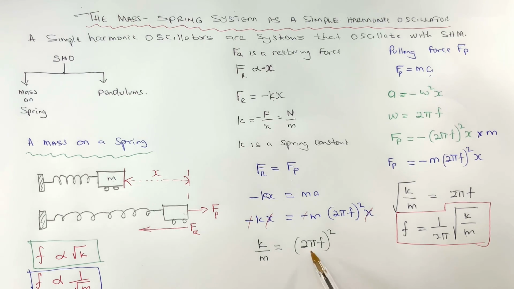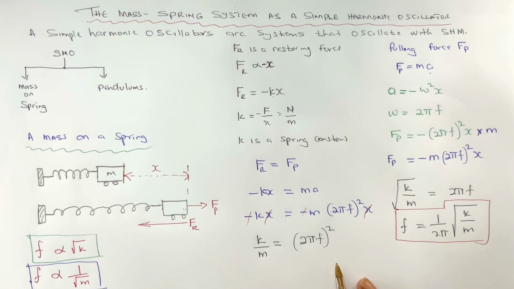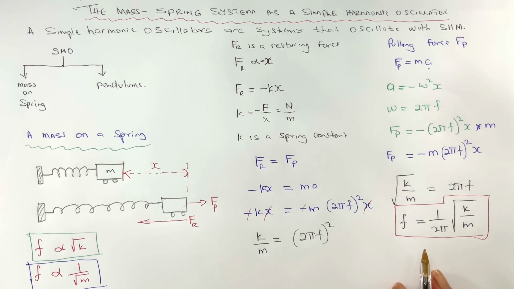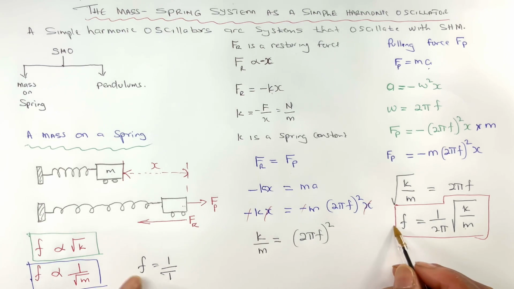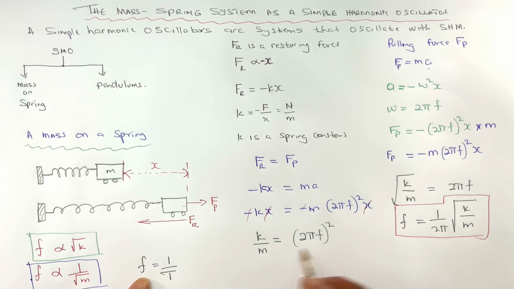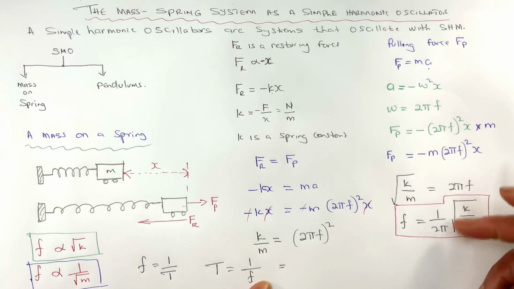And we can transform the formula for the frequency to period, because we know that f is 1 over the period. The period is the time to complete one oscillation, and that's in seconds. So now the period is the reciprocal of f, 1 over f, which means I'm going to have to invert that.